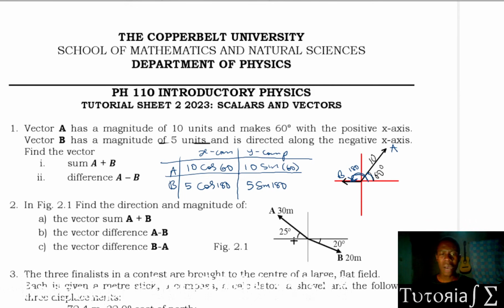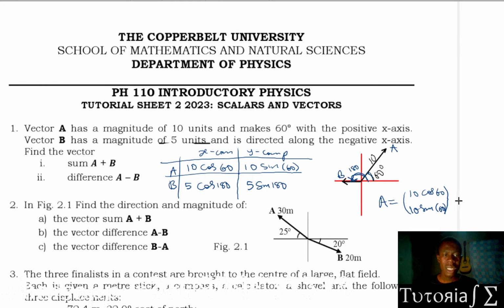So from here now, what we're going to do is for B, or let me start with A. For A, we have the X component, which is 10 cos 60. Okay. Then the Y component, which is 10 sine 60. So always the X component on top, the Y component at the bottom.